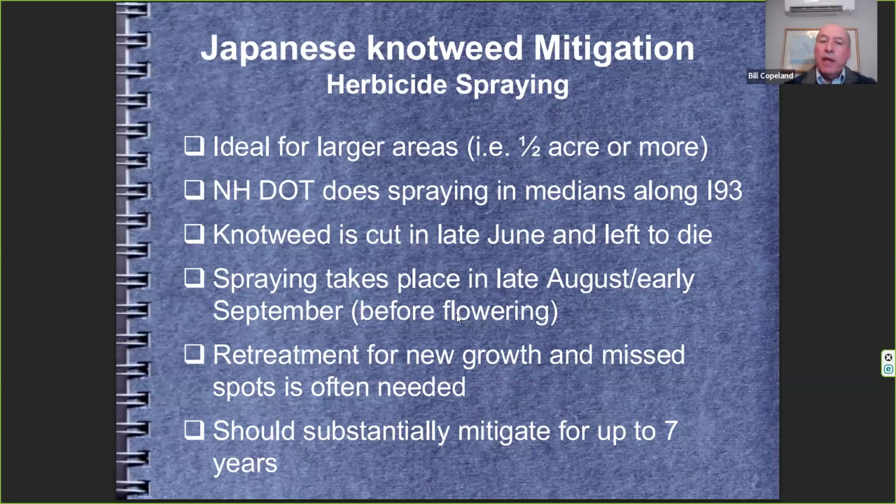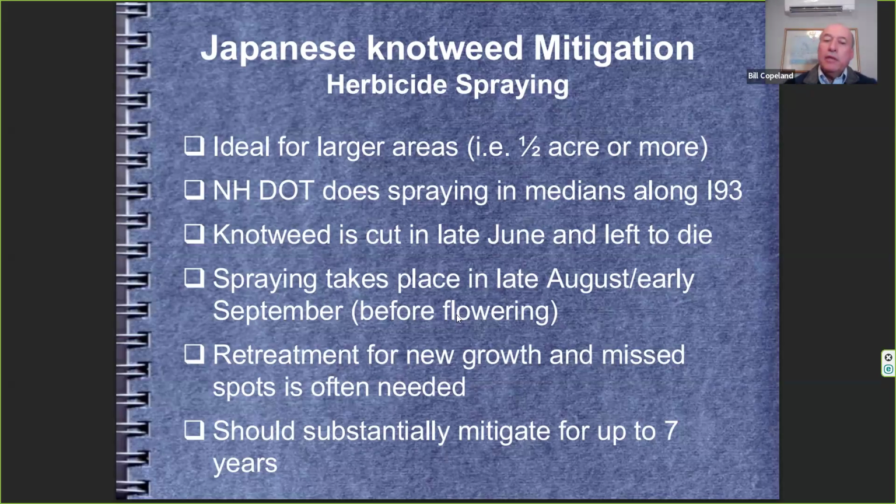In our case, spraying took place in late August, early September. Our applicators suggested that we do this before the plant starts flowering. And that way you avoid any issues with bees and insects that perhaps like the flowers. So you stop it and you spray it well before that particular point.